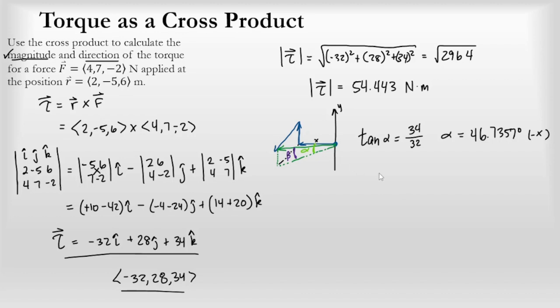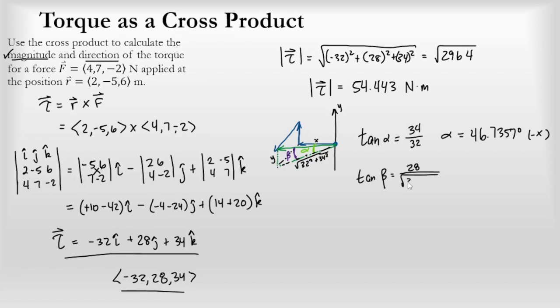Okay. And then when we look at beta, beta is measured upward from the xz plane in the y direction. So I'm going to say tan beta, the opposite is the y component. So the y component is definitely a 28. The adjacent leg to beta is going to be this resultant vector in the xz plane, which I know will be the hypotenuse of the triangle with components 32 and 34.